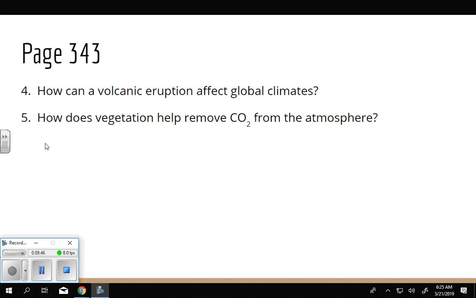Answer, sulfur and ash from eruptions decrease temperatures by reflecting sunlight back into space.